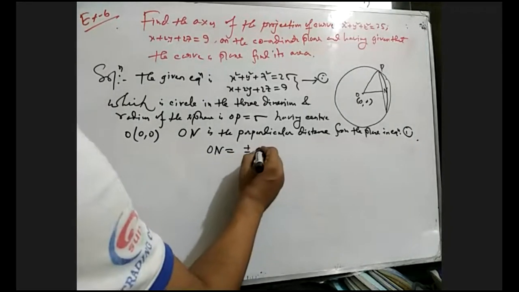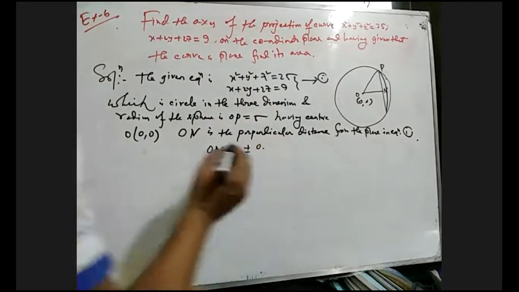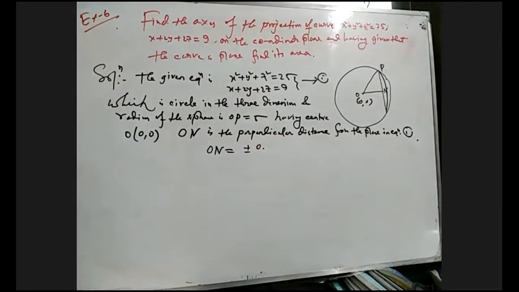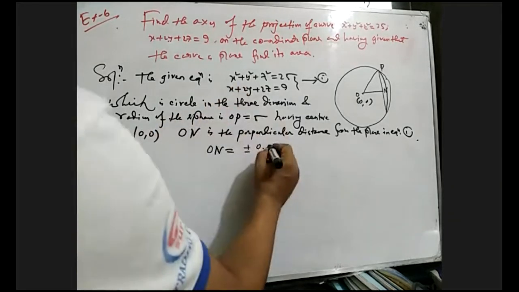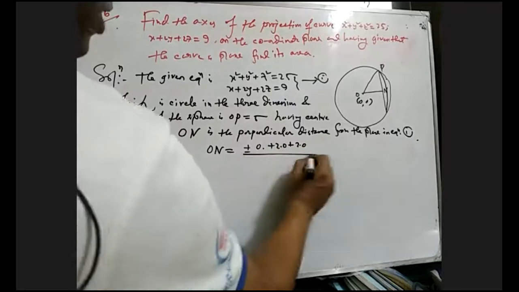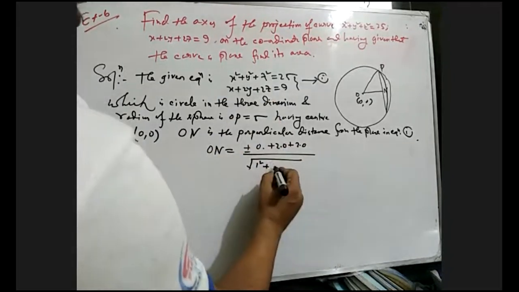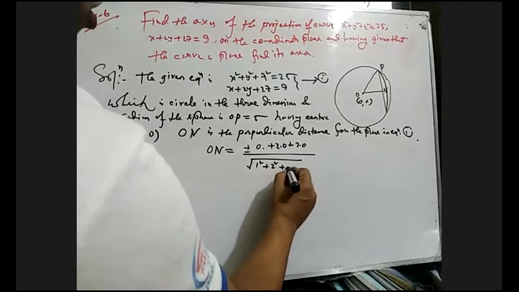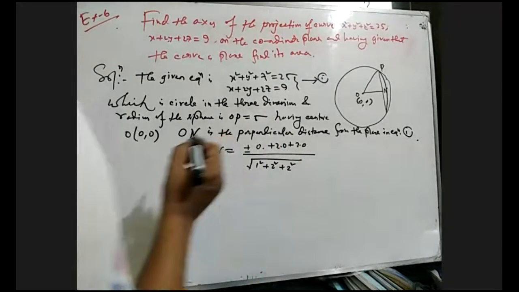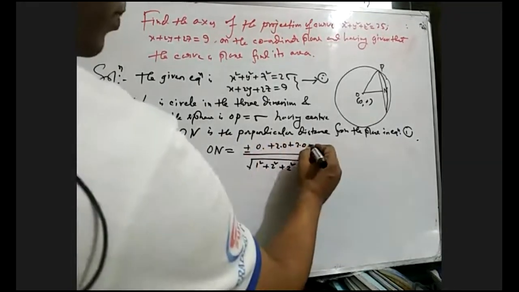Plus minus 0 into... what will be? x equals 0 plus 2 into 0 plus 2 into 0, divided by root over the coefficient of x square, coefficient of y square, coefficient of z square. Okay, this is the perpendicular distance formula, and here it will be minus 9.